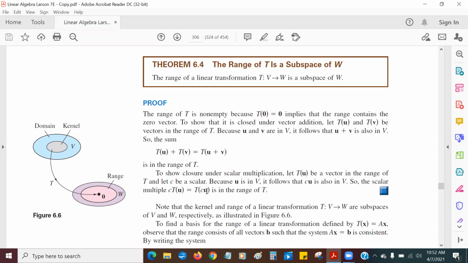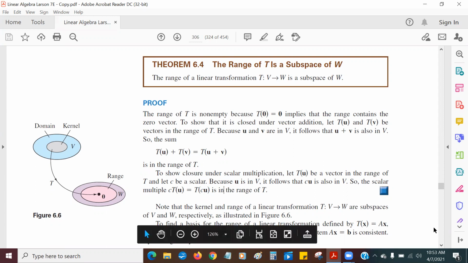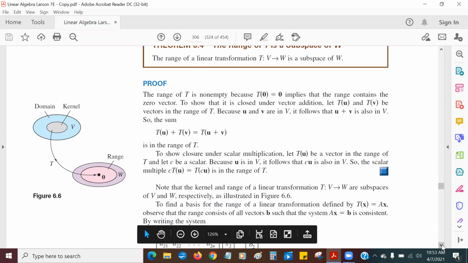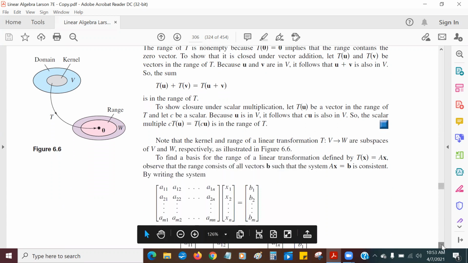But again, T of CU is just T of a vector, so it also is by definition in the range. So the range is closed. That makes it a vector space. So the kernel and the range of a linear transformation are subspaces.